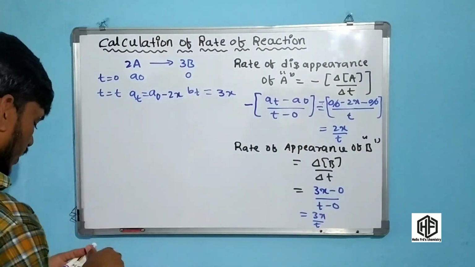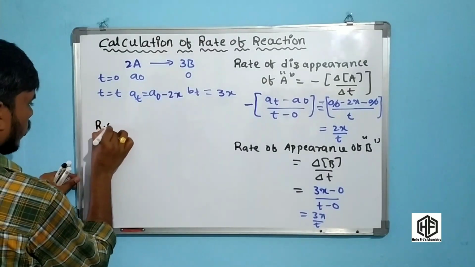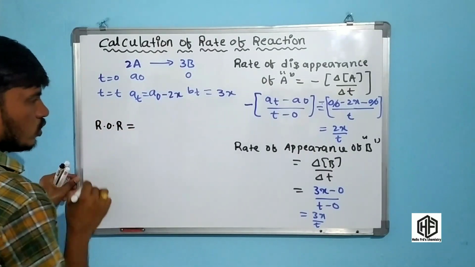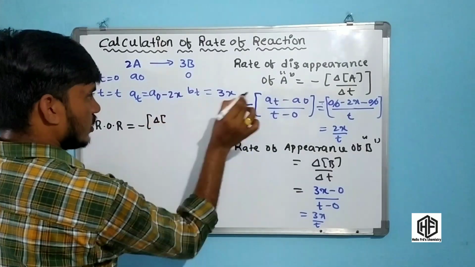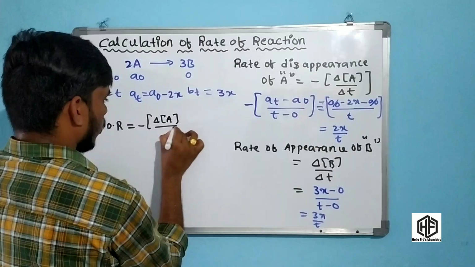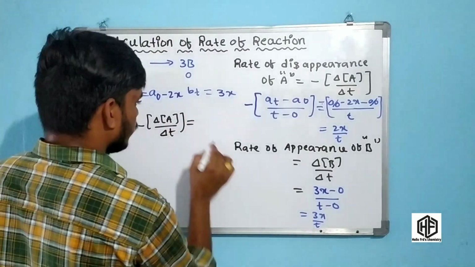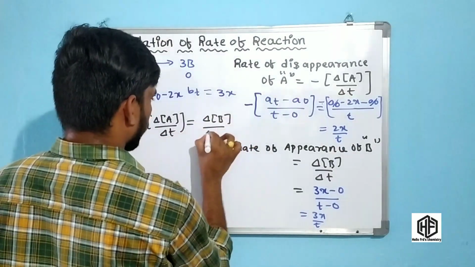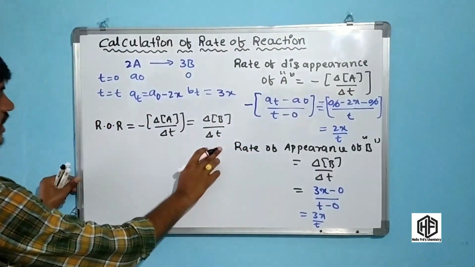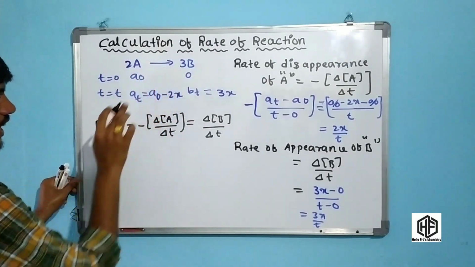Now the rate of reaction, friends, in this example, is equal to minus change in concentration of A by change in t, equal to change in concentration of B by change in time. But in this example, the stoichiometric coefficients are present, and this reaction is balanced.